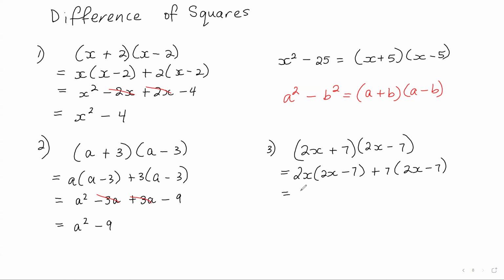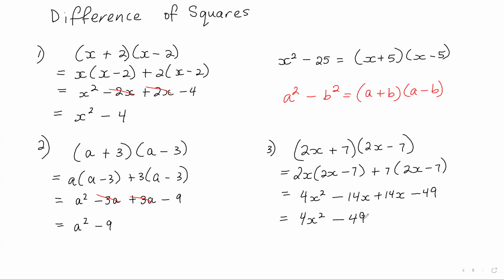So this gives me 2x by 2x, which is 4x squared, and 2x by minus 7 is minus 14x. 7 by 2x is plus 14x, and 7 by minus 7 is minus 49. The minus 14x plus 14x will go to 0, and you'll just end up with 4x squared minus 49. And all of those are square numbers. 4 is a square number, x squared is a square number, and 49 is a square number.